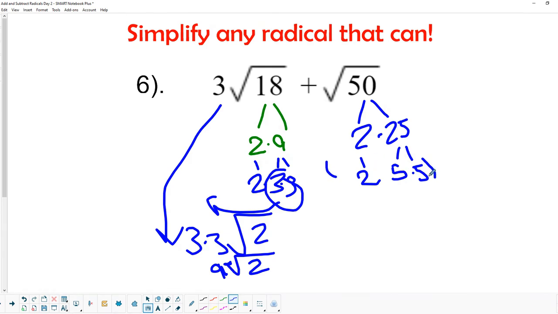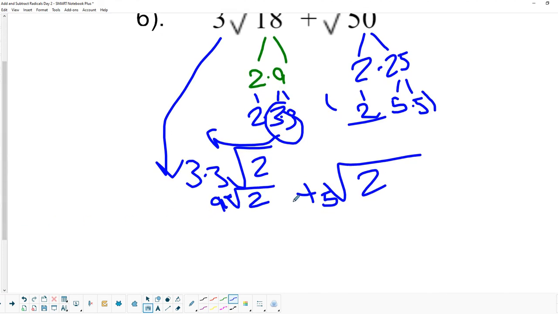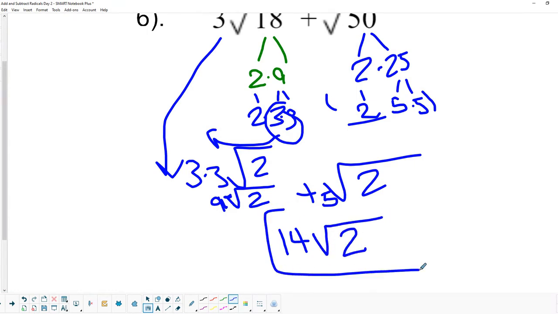And then we're going to take one of those 5s out in front of our new radical, so that 5 comes out front, and we have 2 left inside. So we're going to finish this off by saying, well, what is 9 square roots of 2 plus 5 square roots of 2? 9 plus 5 is 14. And then 14 square roots of 2 is our final answer.